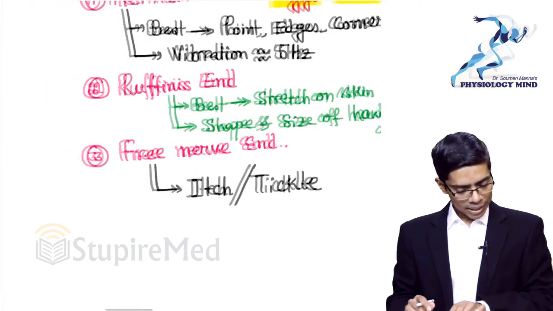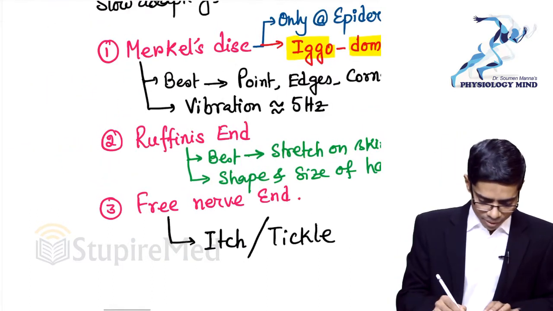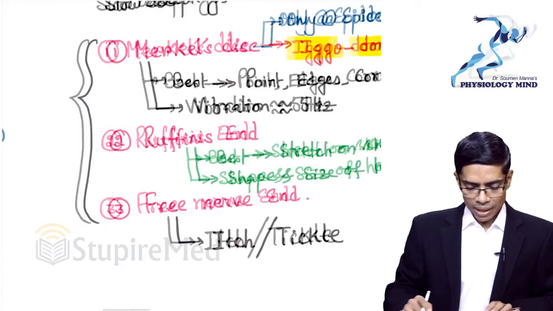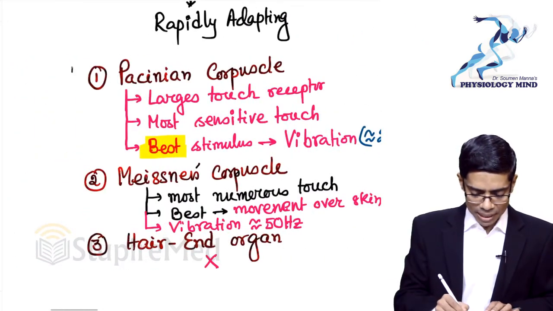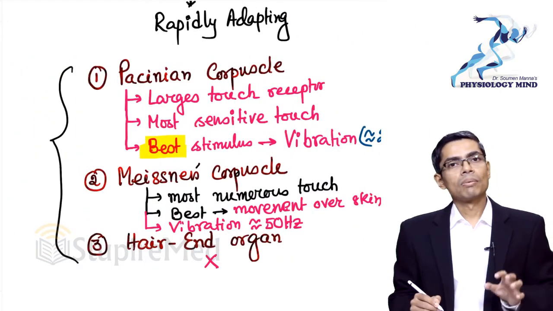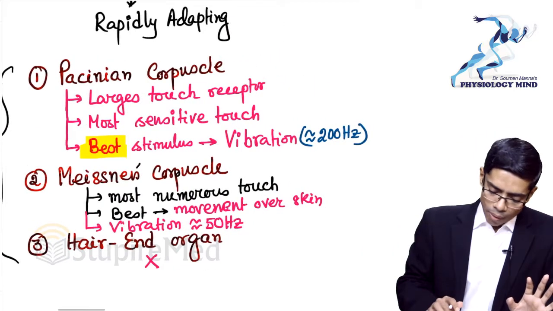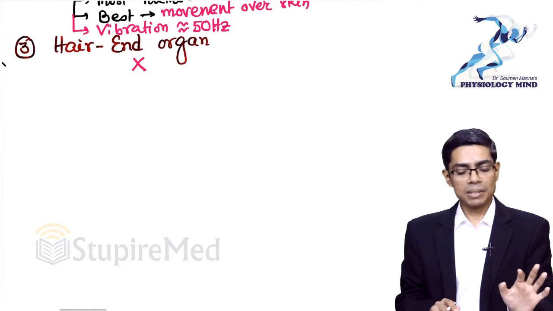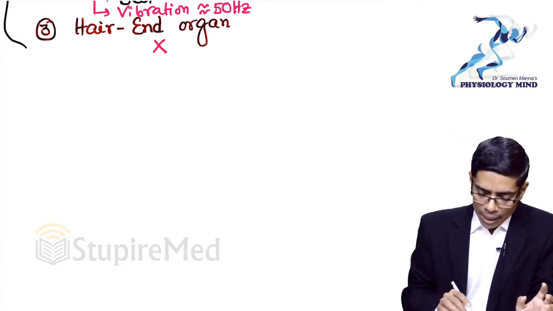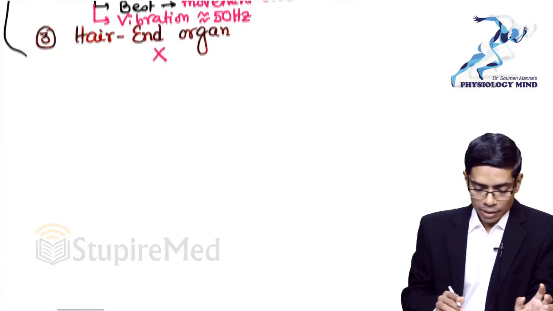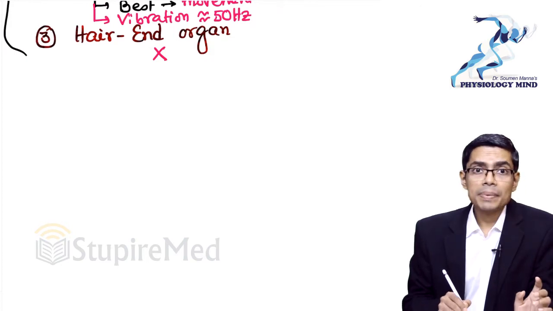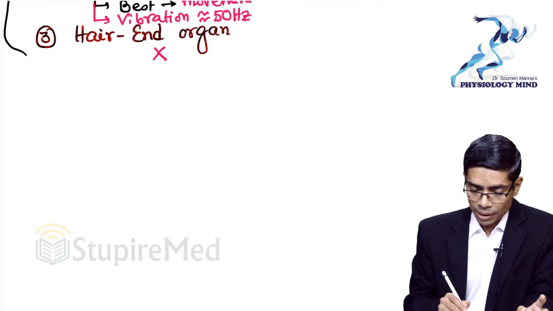So now you have understood these 3 slow adapting receptors and these 3 rapidly adapting receptors, and what stimulus is best for them. Now among all these receptors, please remember Meissner's corpuscle is mainly present on non-hairy skin.